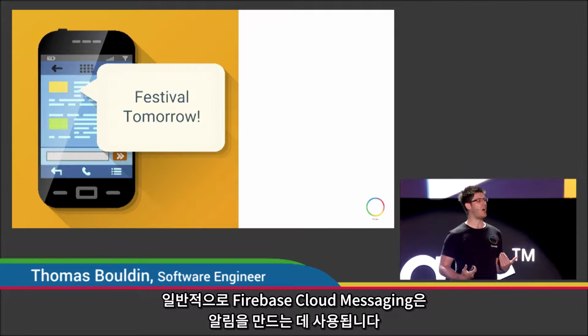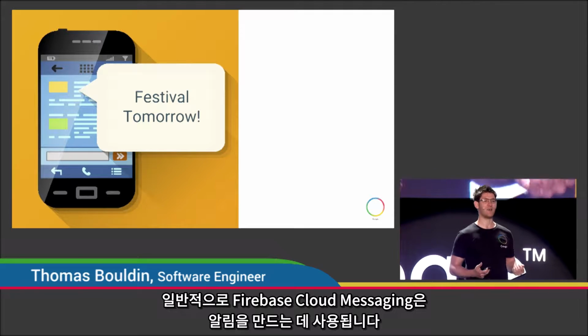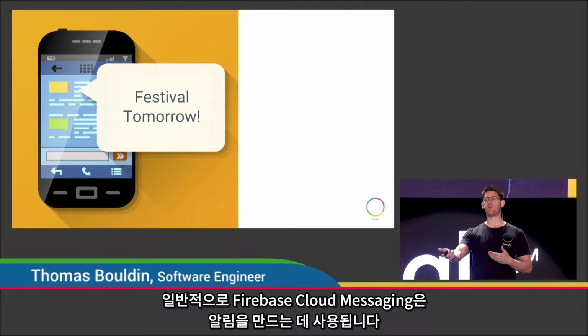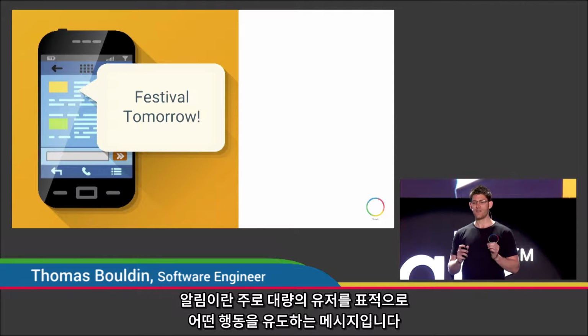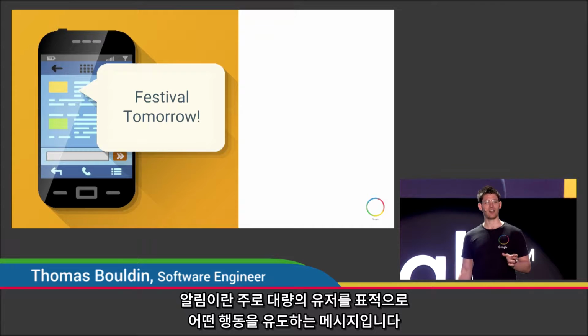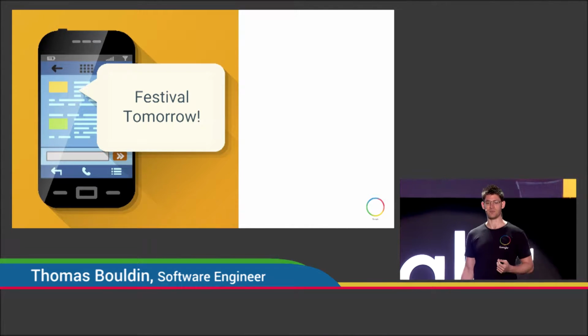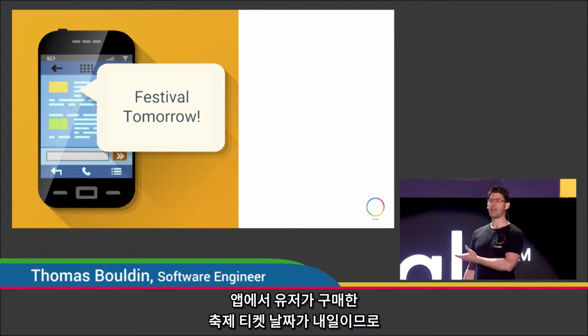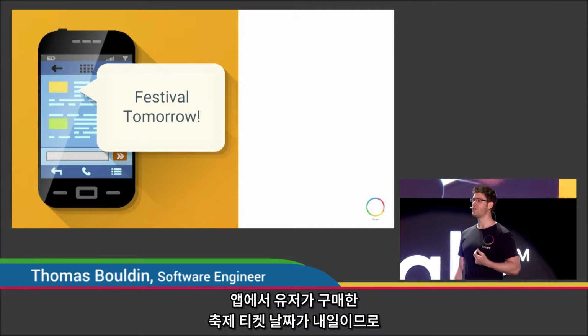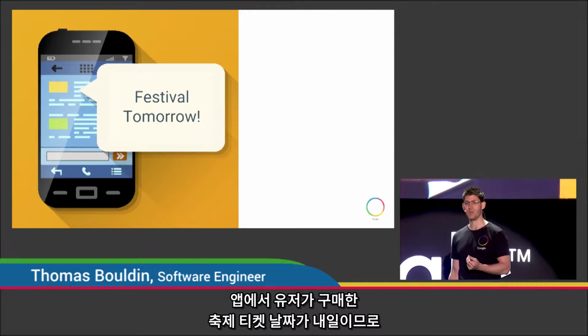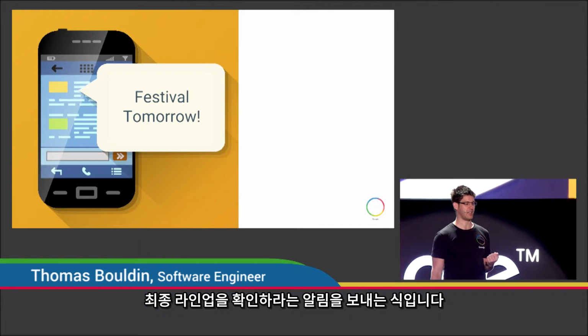Now, one of the most common ways people use Firebase Cloud Messaging is to create a notification. A notification is a message that targets a specific, often large set of users and tries to drive them to action. For example, you might have an app that says the festival you bought tickets for is tomorrow. Come back and check out the final lineup.